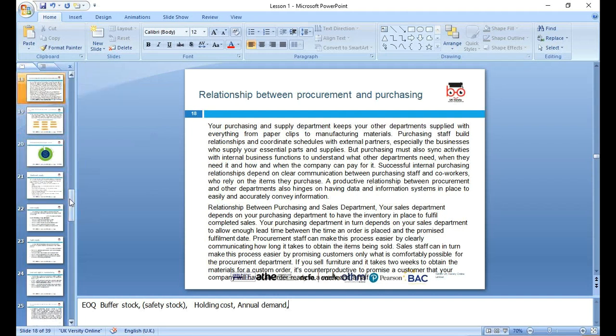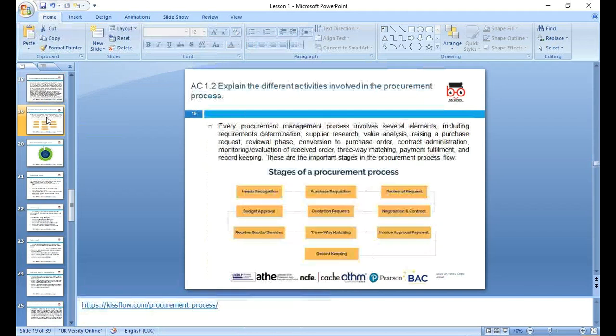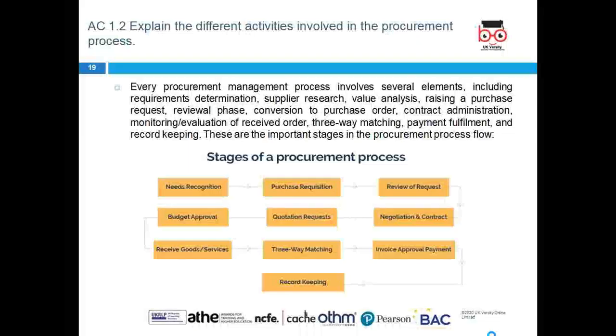So the first assessment criteria is all about procurement, purchasing, and relationship. Second, we are looking at assessment 1.2, explain the different activities involved in procurement. Every procurement management process involves several elements, including requirement determination, supplier search, value analysis, raising the purchase request and review, which is quite similar to what we discussed.